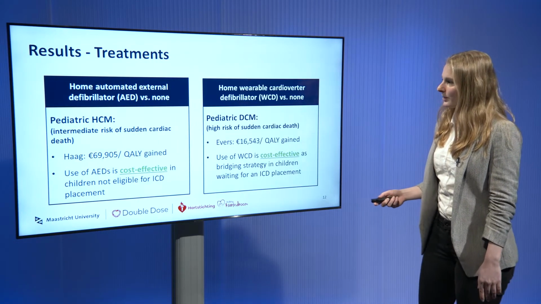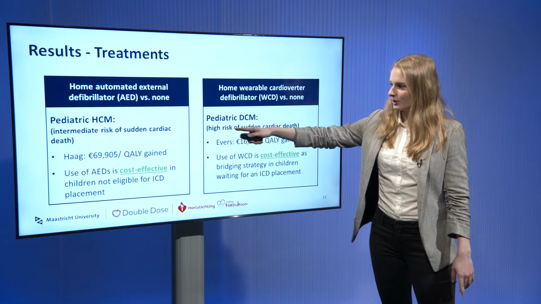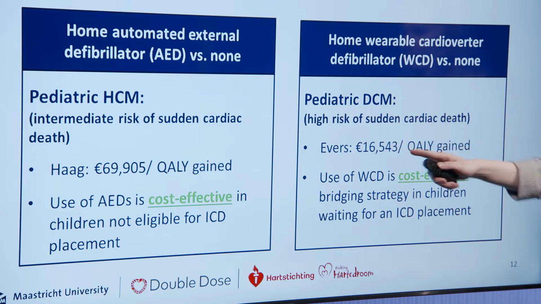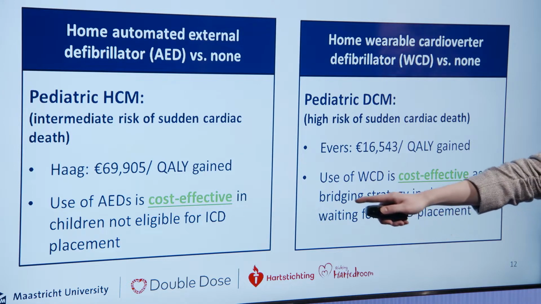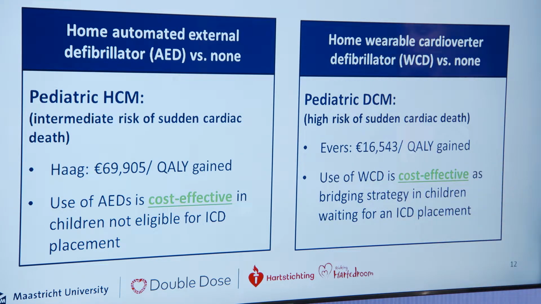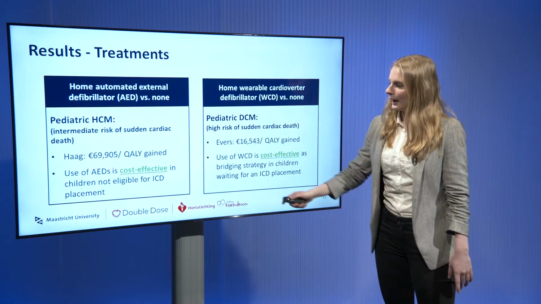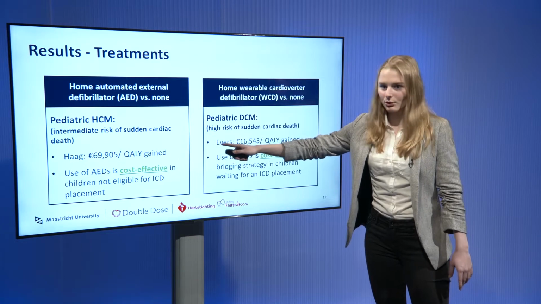Then regarding the treatments, there was 1 study about the automated external defibrillators versus none, and this study was conducted in a pediatric HCM cohort, and here the result was also that the use is cost effective in children not eligible for an ICD placement, and the QALY was below the 100,000 per QALY gained threshold.